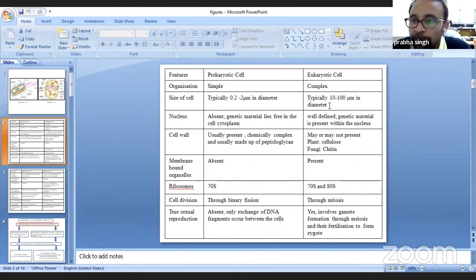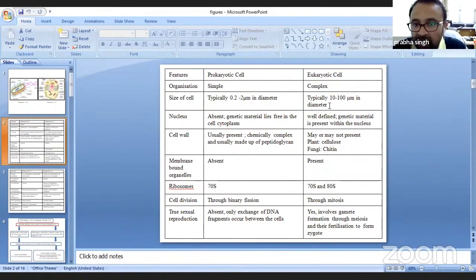If you will see the process of cell division, in the case of prokaryotic cell, mitosis is not there. Like we have in the case of eukaryotic system, a well-defined mechanism by which parent cell divides to form two daughter cells. It is well defined. There are different phases, right?